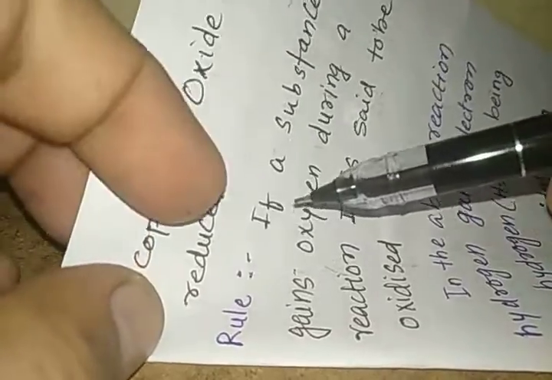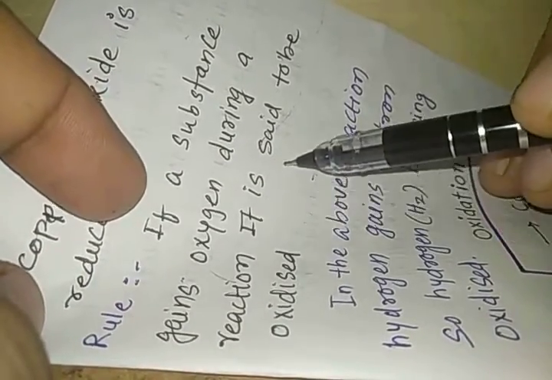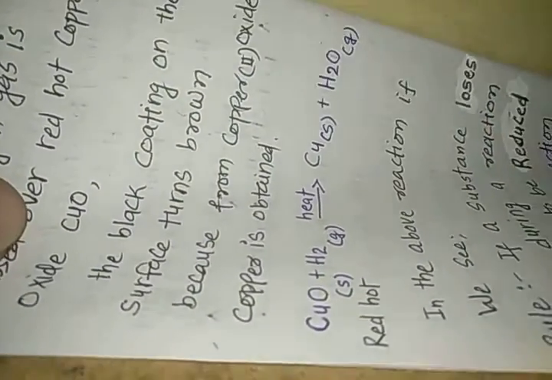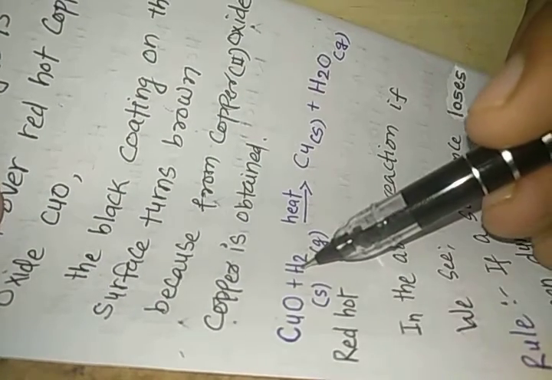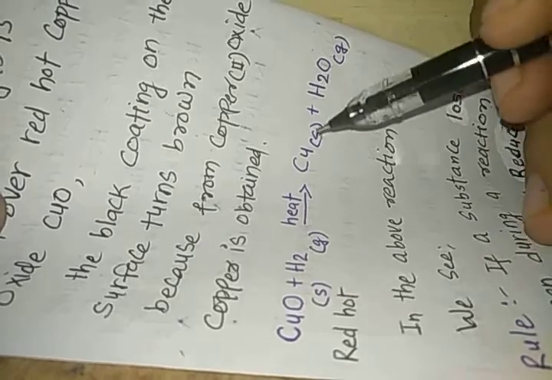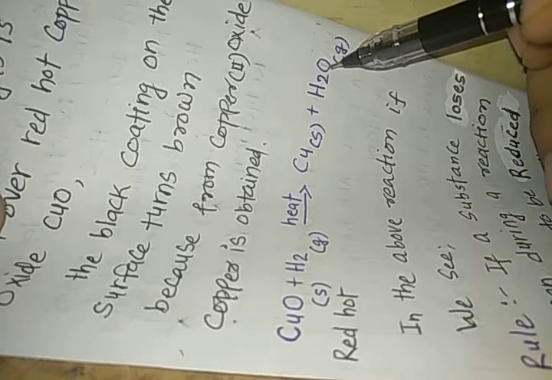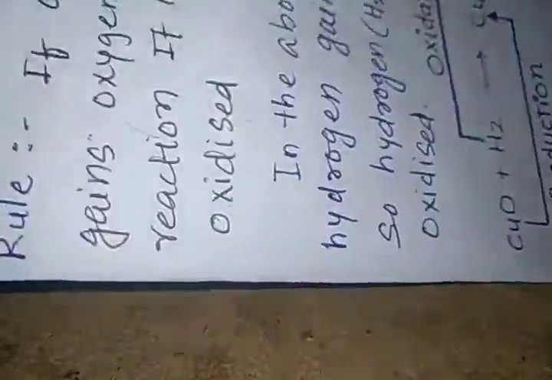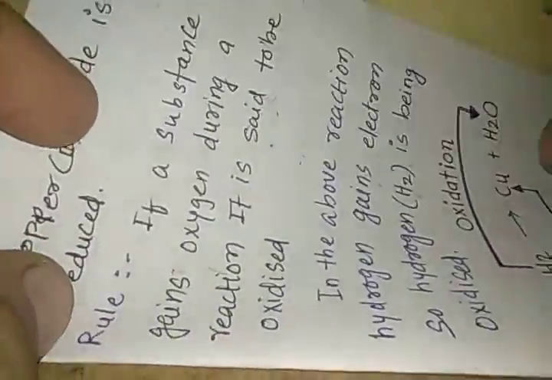Now the next rule. If a substance gains oxygen during a reaction, it is said to be oxidized. So you can see in this reaction that hydrogen gains oxygen and produces H2O. So we can say that hydrogen is oxidized.